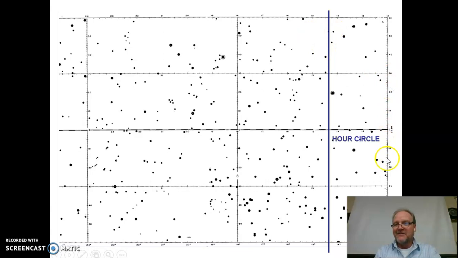The declination values are the numbers going up and down. 0 degrees declination is the celestial equator. Negative 10 is located here, and negative 20 is there. I need negative 12, which is 2 tick marks below. Make a mark right there at negative 12. It'd be okay to do it on the central axis as well. Negative 12 is right about here. And then grab your straight edge and go horizontally right through that mark.